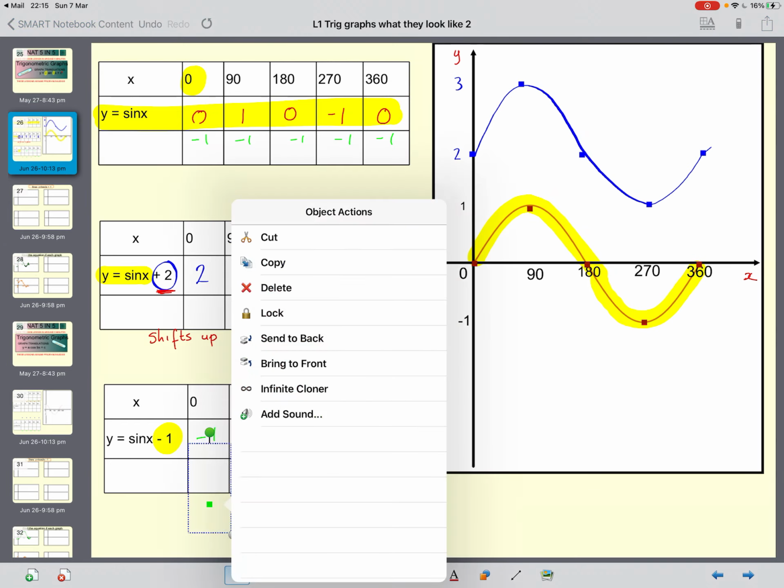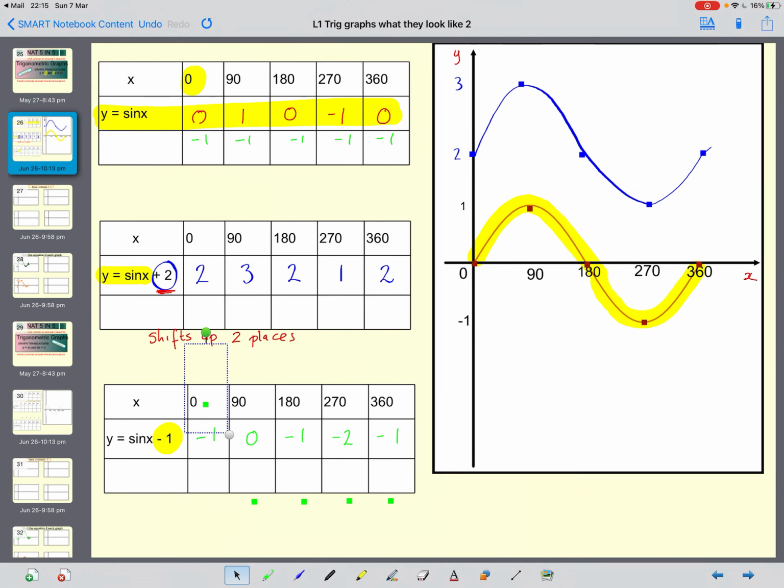So we just plot them. 0 along and negative 1 down, 90 along 0, 180 along negative 1, 270 along negative 2, and that last one, 360 along negative 1.